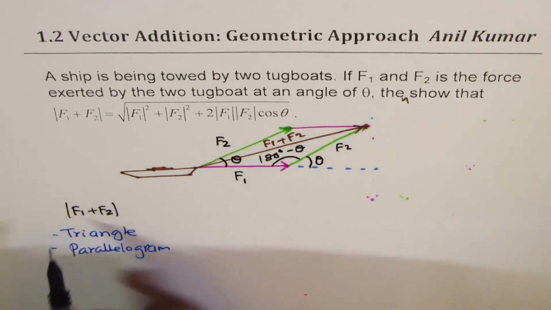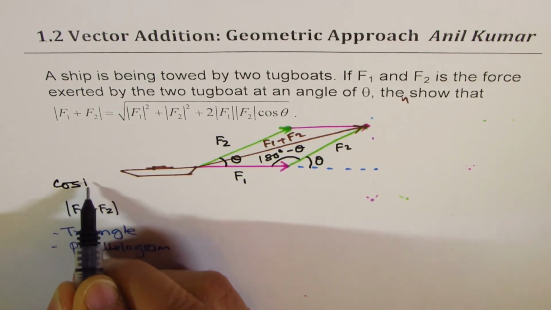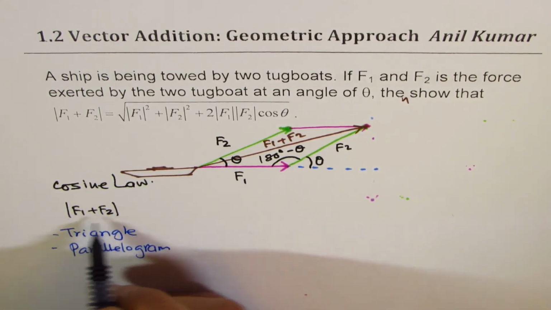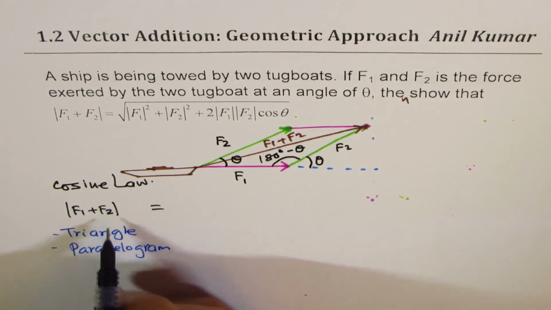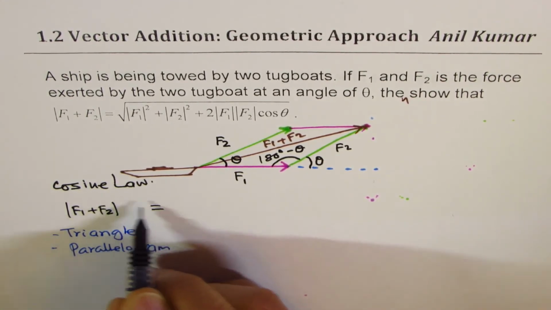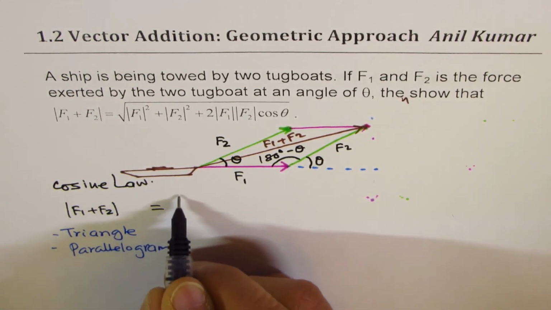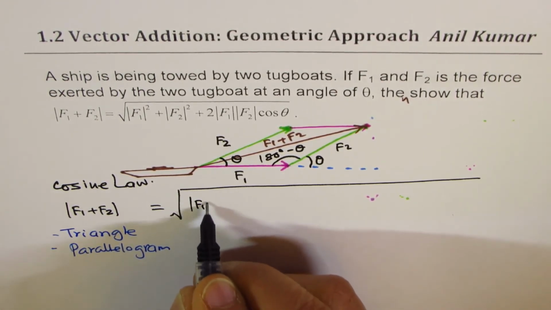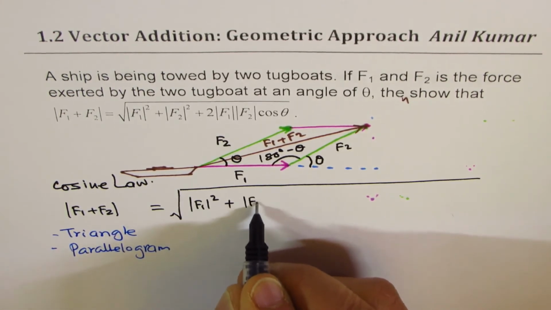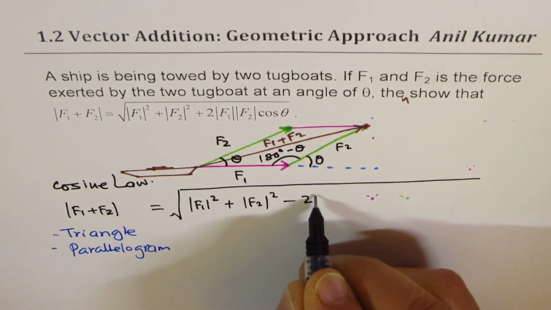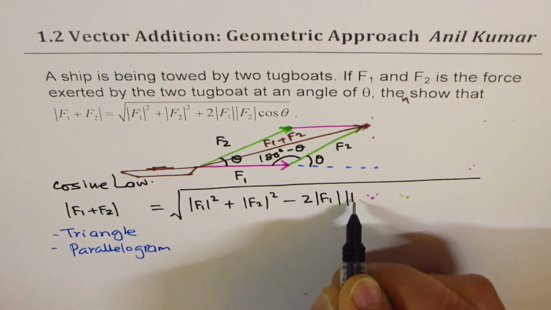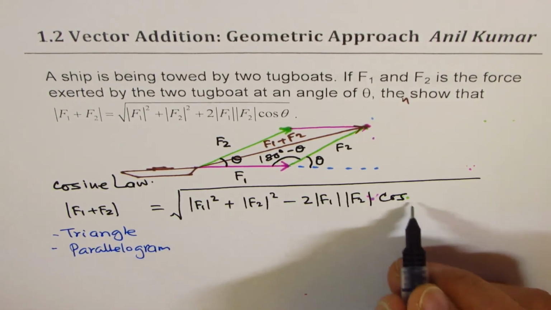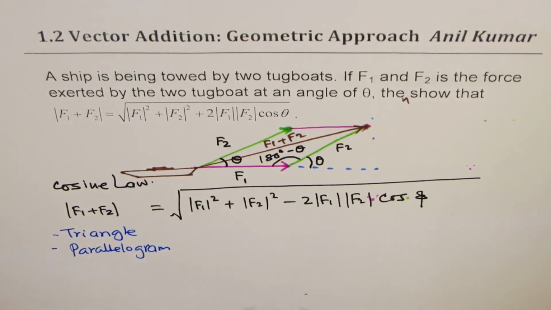Now, in this situation, we are going to apply cosine law. So from cosine law, we know F1 plus F2 is basically equal to square root of magnitude of F1 square plus magnitude of F2 square minus 2 times magnitude of F1 times magnitude of F2 times cos of angle between them, which is phi, right?